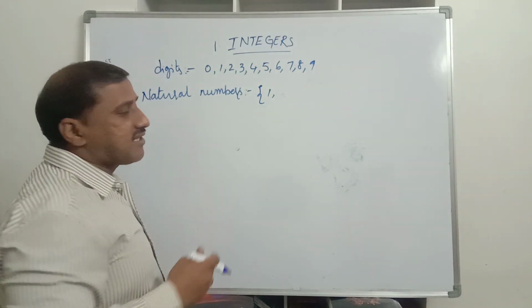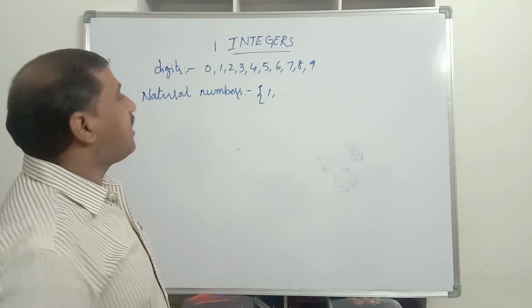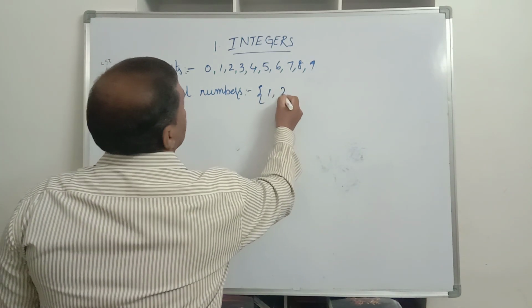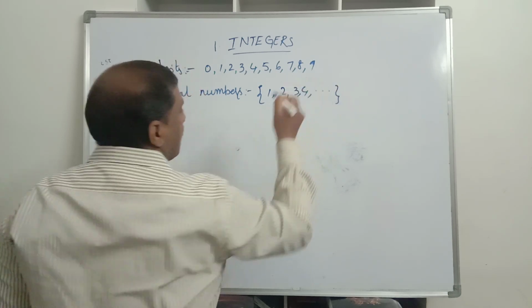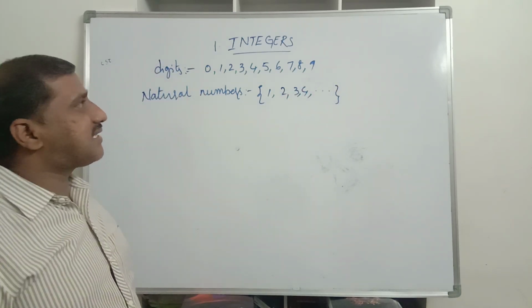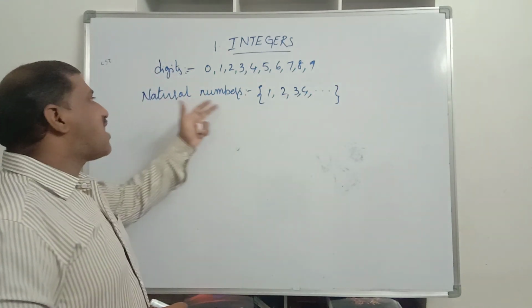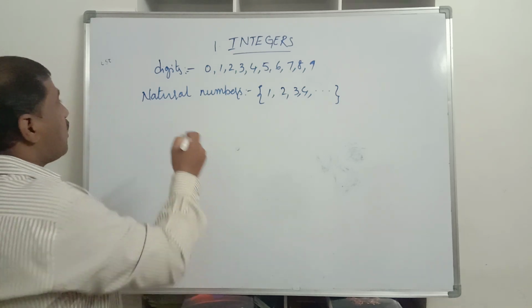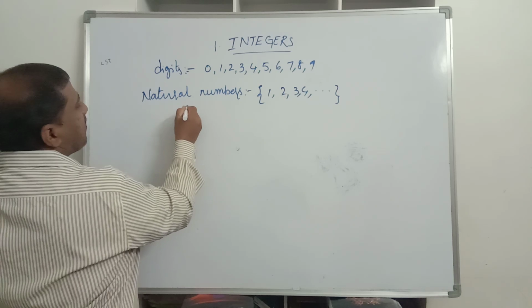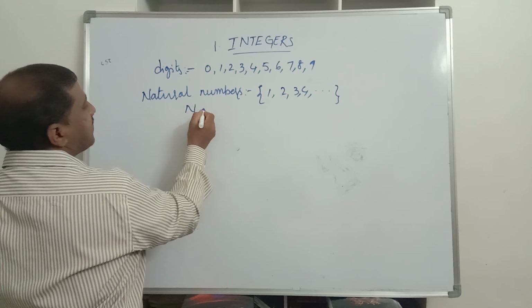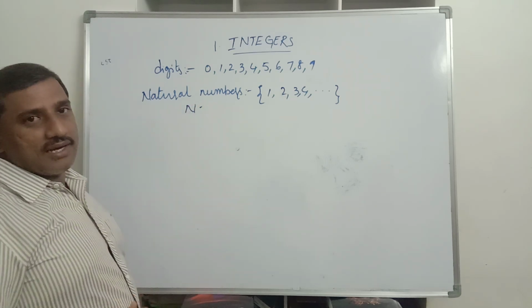That's why these numbers are also known as counting numbers. The symbol used for natural numbers is N. N stands for natural numbers.